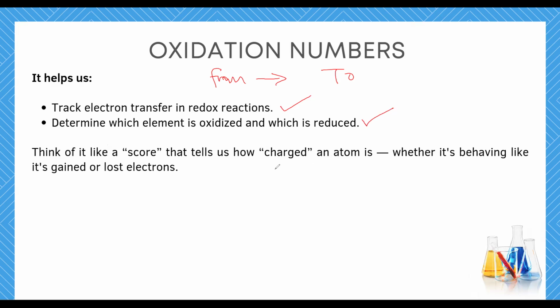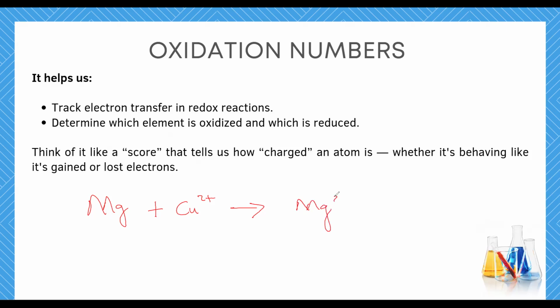Remember from the equation that we just saw, where we saw magnesium plus copper yielding Mg2 plus Cu. The oxidation numbers over here show us that magnesium is losing electrons, which means it is oxidized, and then copper is gaining electrons, which means it is reduced through the oxidation number, of course.